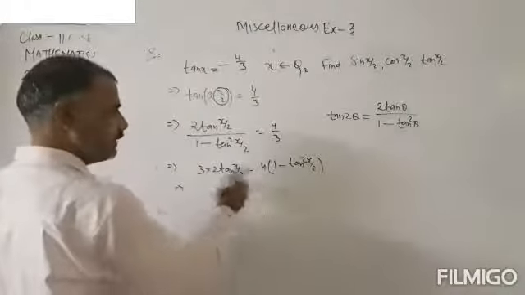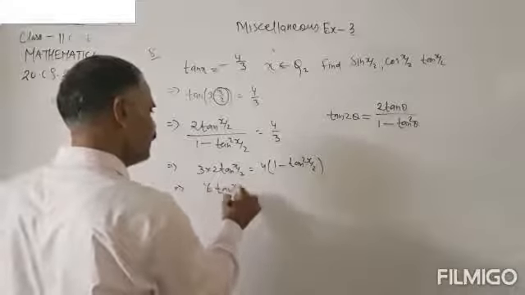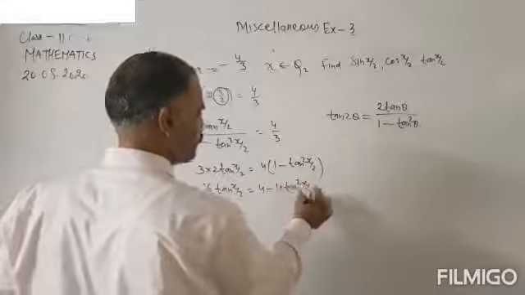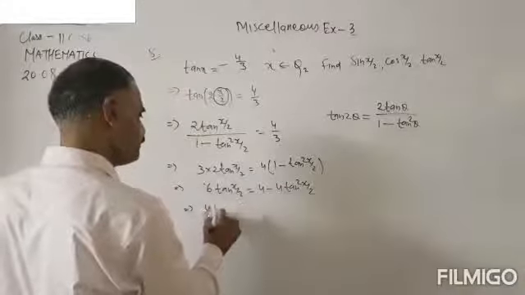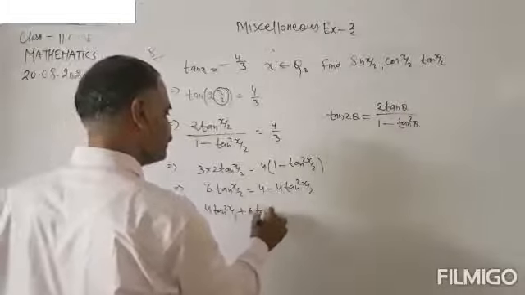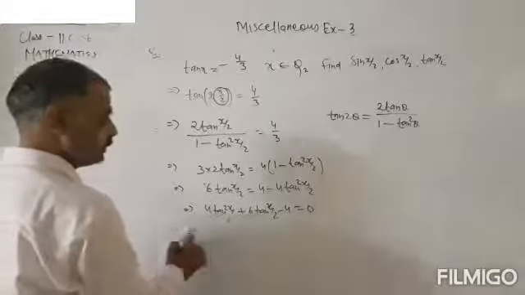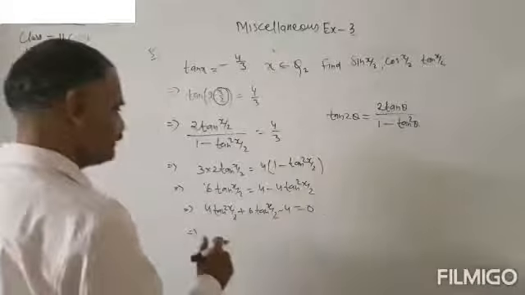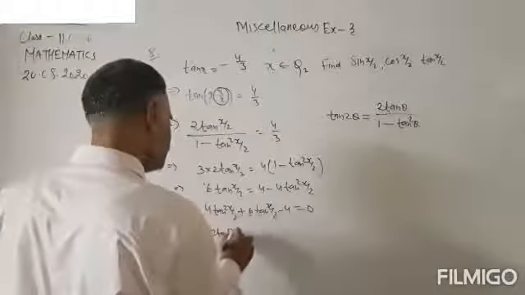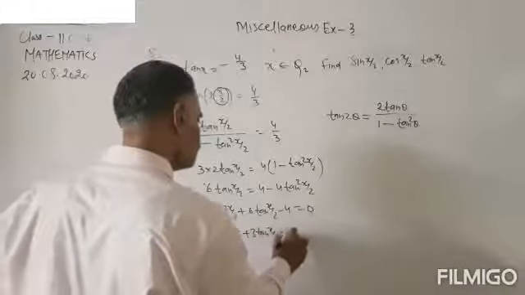So after multiplying, 3 into 2 is 6, tan x by 2 is equals to 4 minus 4 tan square x by 2, and this can be written down as 4 tan square x by 2 plus 6 tan x by 2 minus 4 is equals to 0. So after taking 2 as common, 2 tan square x by 2 plus 3 tan x by 2 minus 2 is equals to 0.